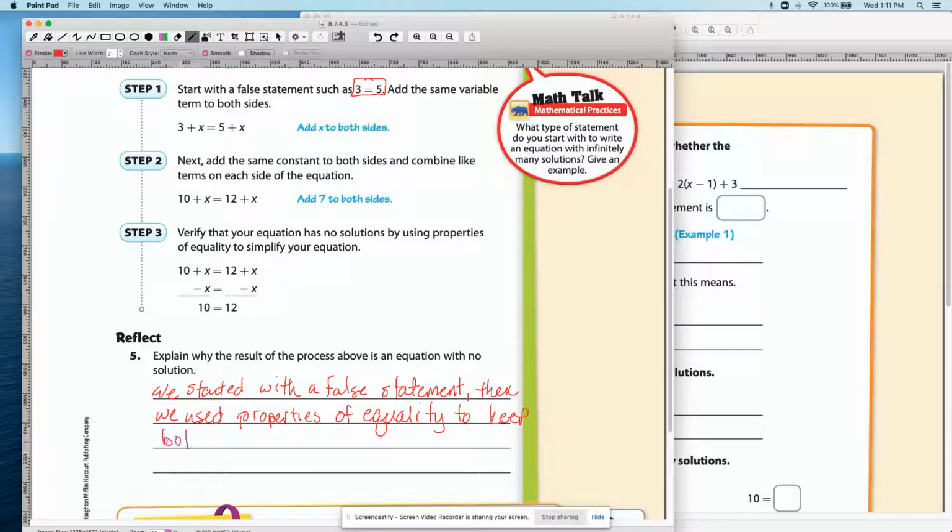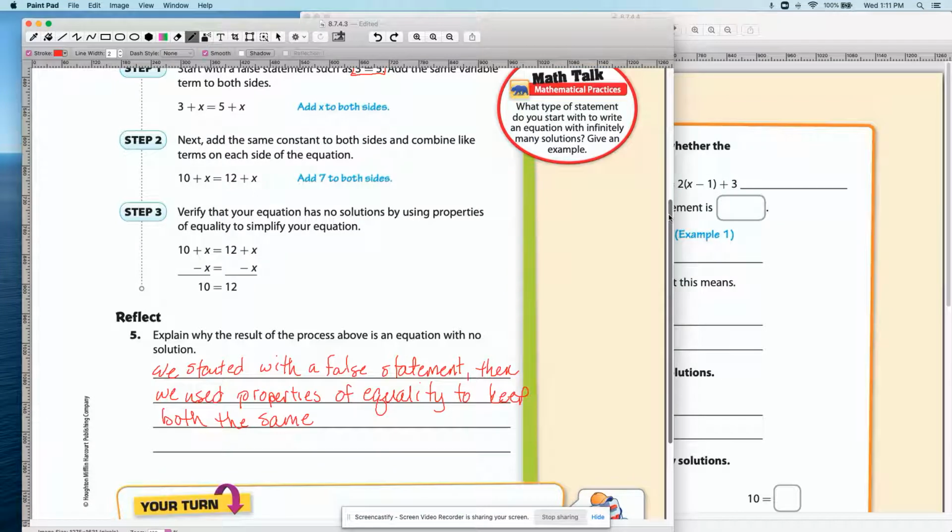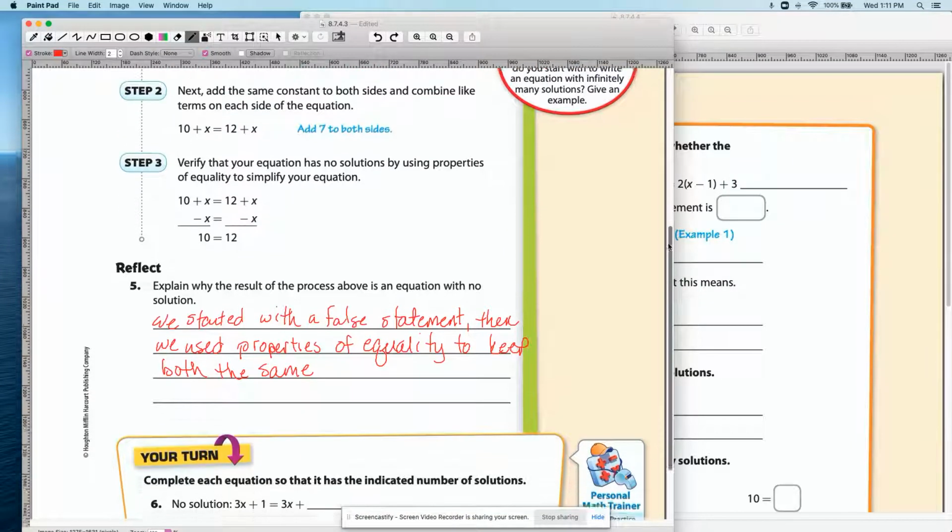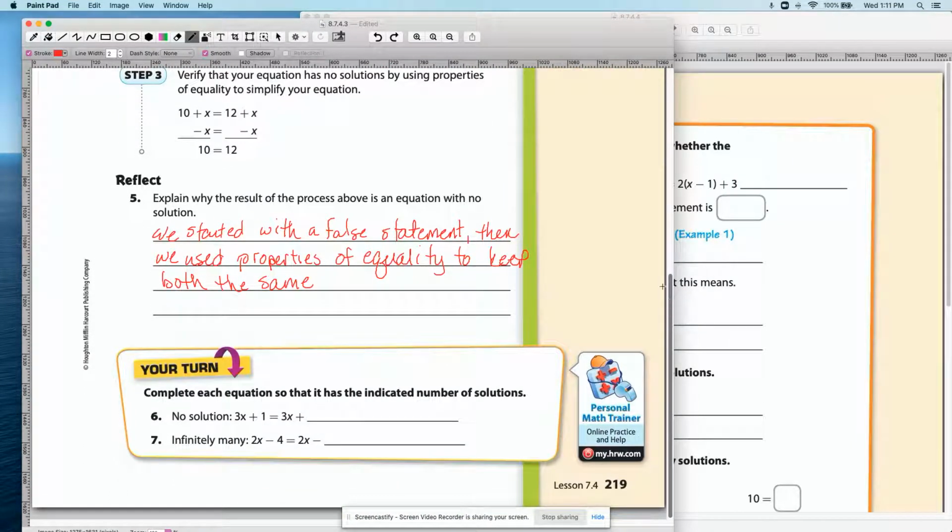All right, and basically that means whatever we did to one side, we did to the other. So if we start with a false statement, we're going to end up with a false statement if we do the same thing to both sides. Just like starting with a true statement and adding or doing the same thing to both sides will keep it a true statement.